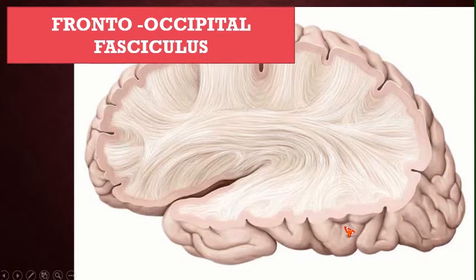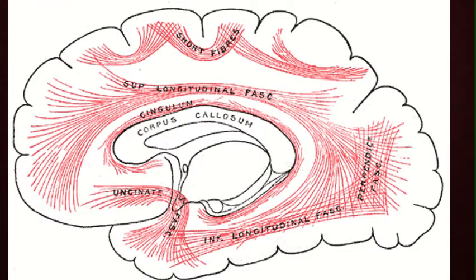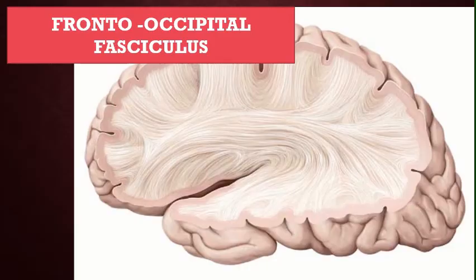The next one is the fronto-occipital fasciculus. It also extends anteroposteriorly from the frontal pole to the occipito-temporal lobes. Here you can see that. It is similar to the superior longitudinal fasciculus.